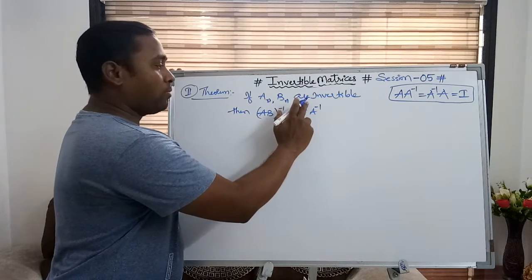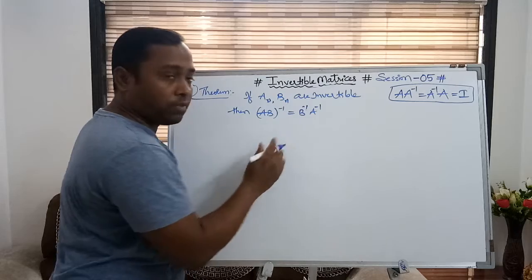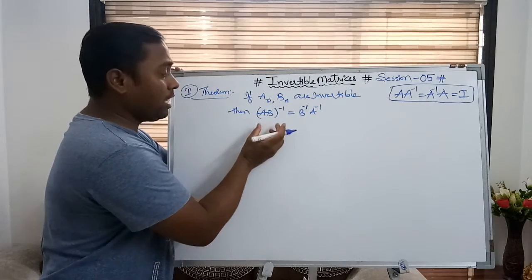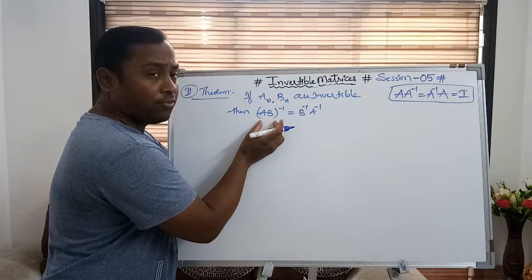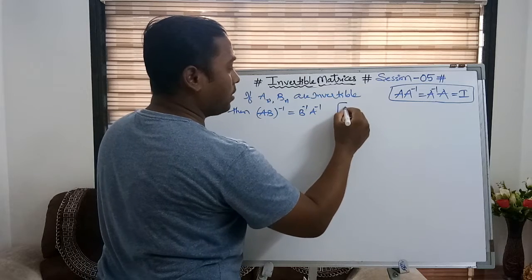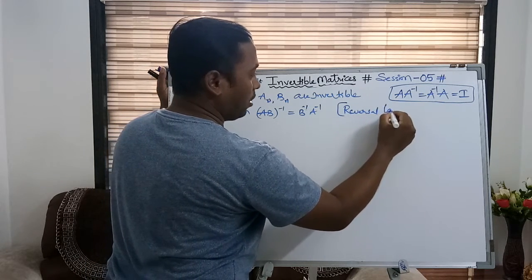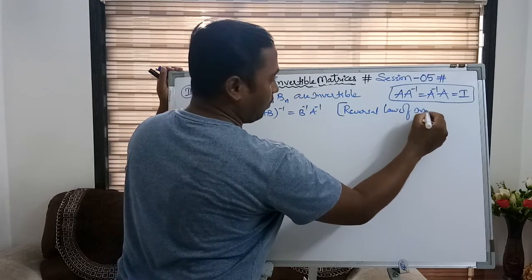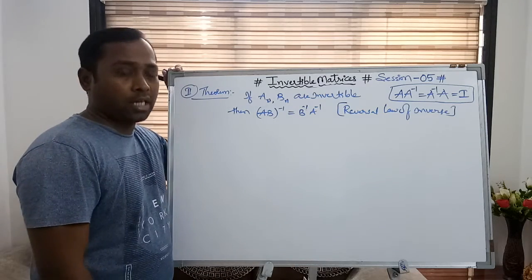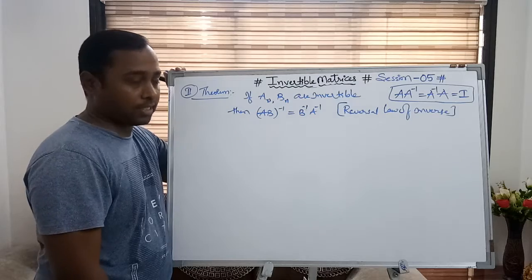Remember what I am saying here: if A and B individually are invertible, meaning their inverses exist, then AB whole inverse is equal to B inverse into A inverse, which we also call the reversal law of inverse. This has also been applied in the transpose case. Now the same concept you can observe in the inverse case.